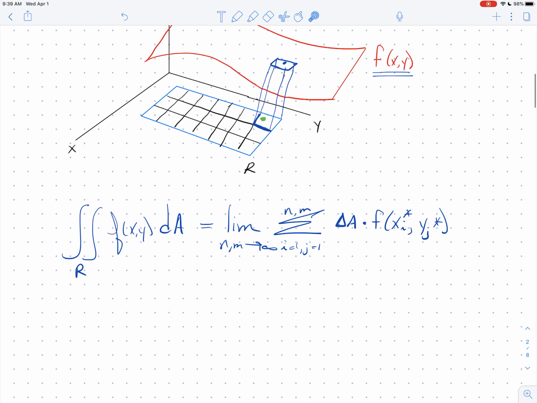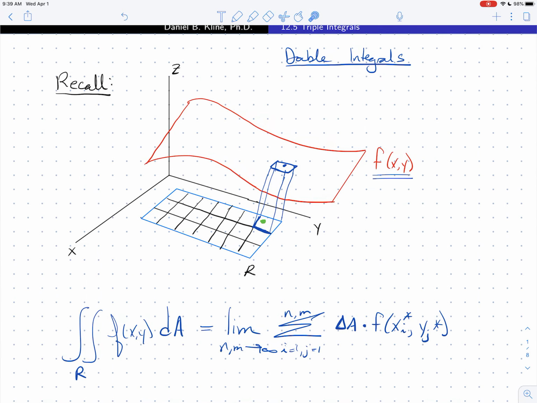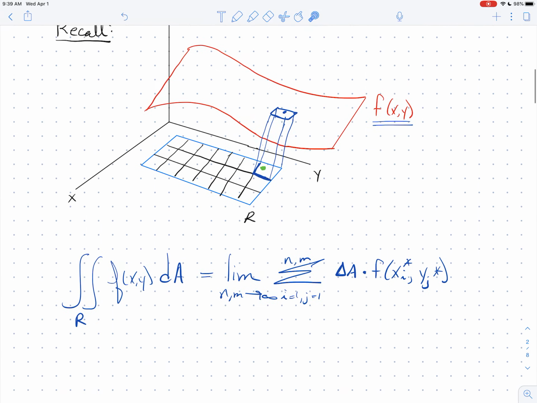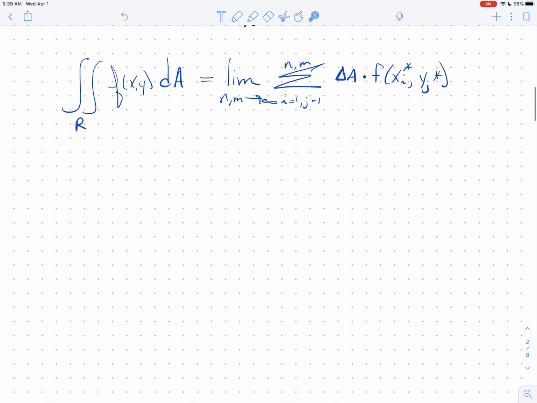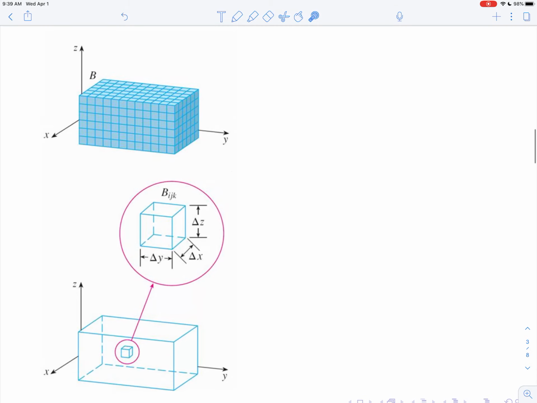All right. Now, when we dive into triple integrals, if double integrals involve functions of two variables, then you can tell me triple integrals involve functions of three variables. And whatever it is, it's not going to be volume anymore. Triple integrals in general, we'll see how to compute volume with them in certain cases, but in general, triple integrals are not going to simply be interpreted as volume.